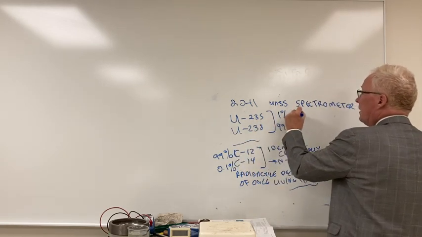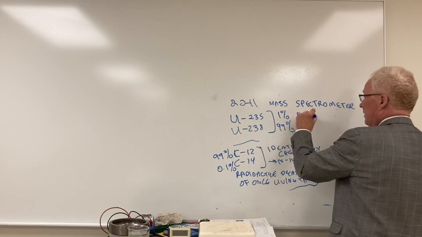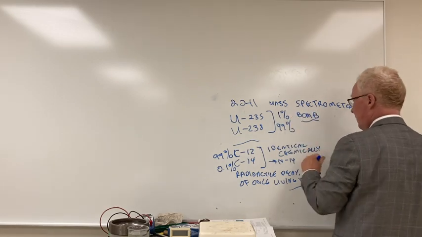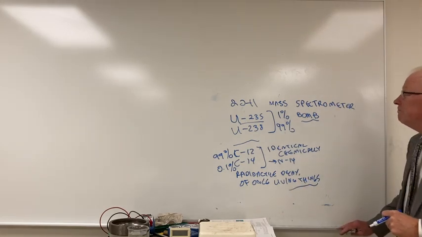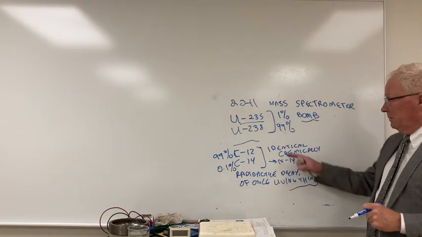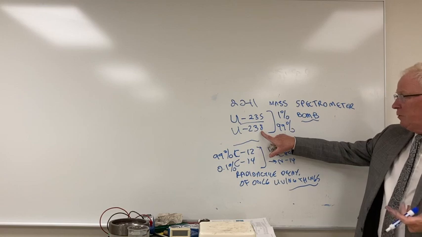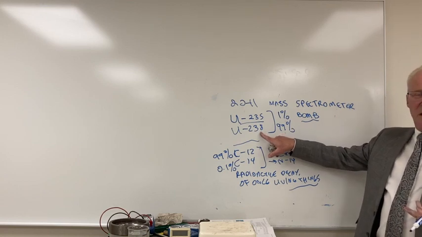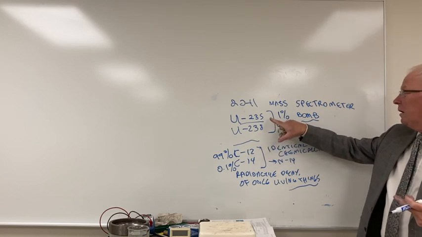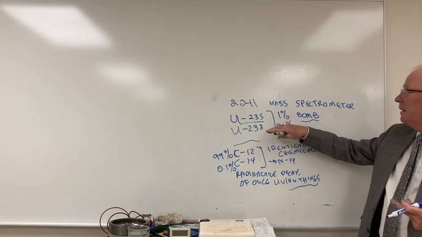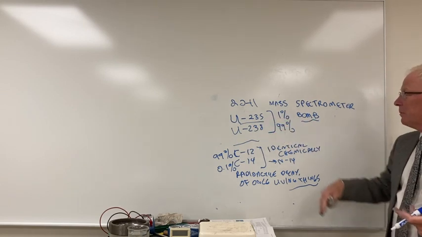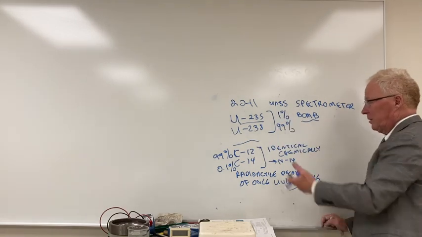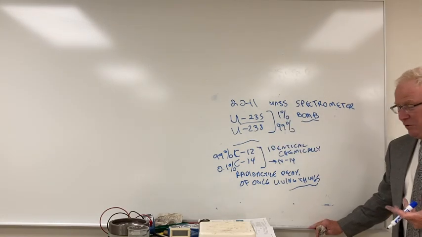For a bomb, as we'll see later, you need 235. Uranium-238 won't make a bomb. Even for a nuclear reactor, you have to have a much higher percentage of this compared to that. But they're chemically identical. So how do you separate the two?